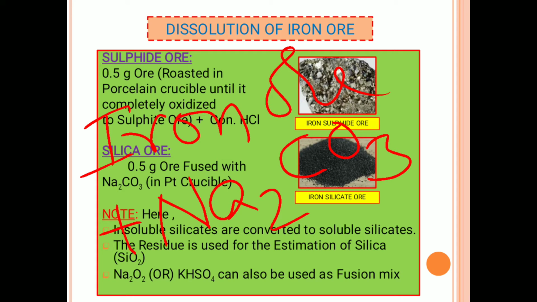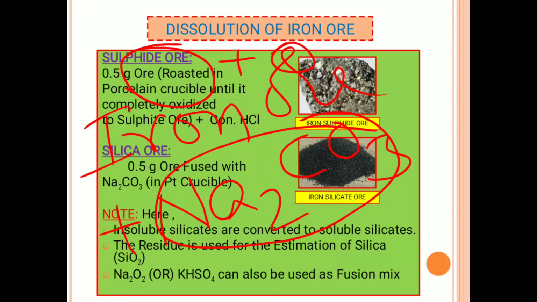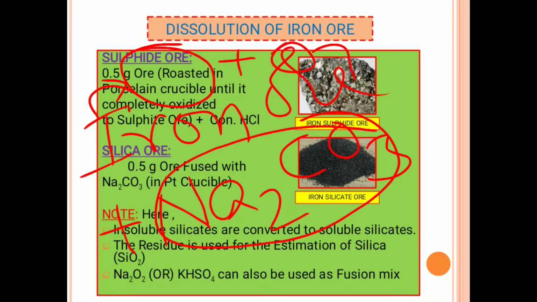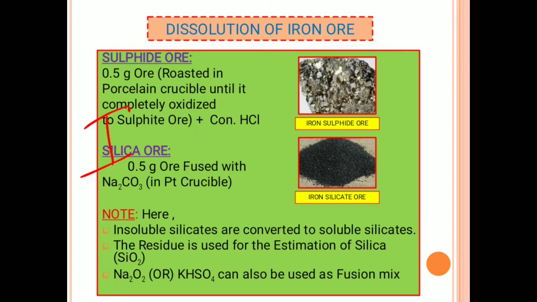Whenever you add the Na2CO3 solid material to the iron ore and you heat that mixture together, then the solid iron ore will be converted into the fused form of iron ore.